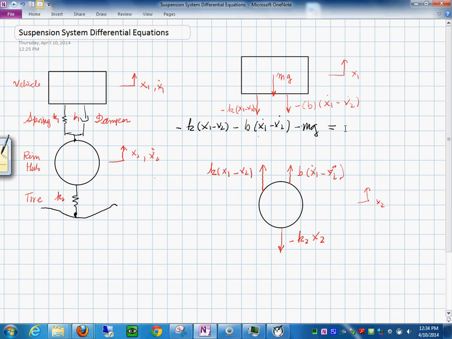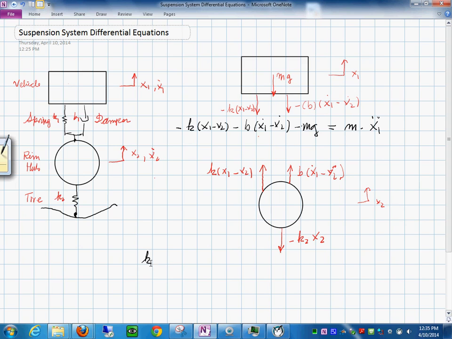This is equal to m times the acceleration. So m x1 double dot.